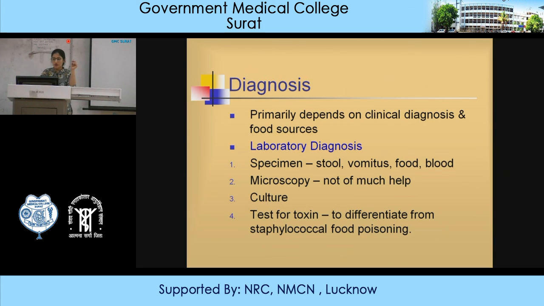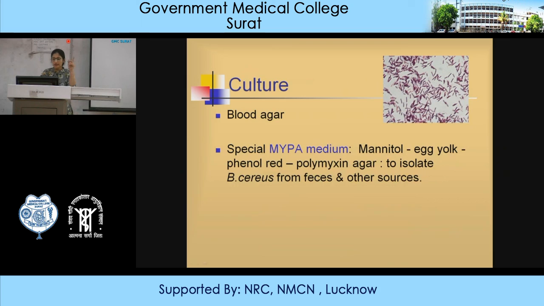On blood agar they produce colonies, but not pearl-like colonies. The special medium used for Bacillus cereus is MYPA agar: M stands for mannitol, Y for egg yolk, P for phenol red, and A for polymyxin agar. It is used to isolate Bacillus cereus from mixed specimens like feces, because fecal material also contains commensal bacteria.